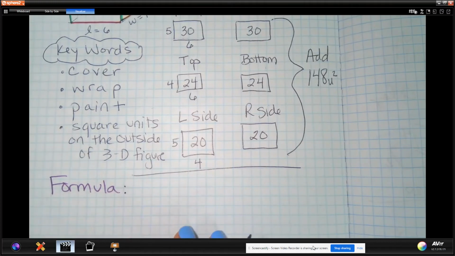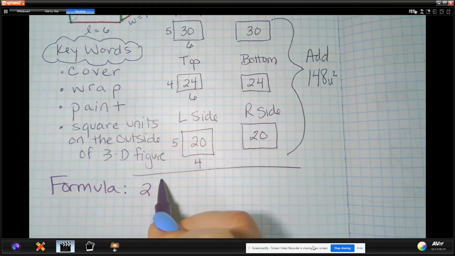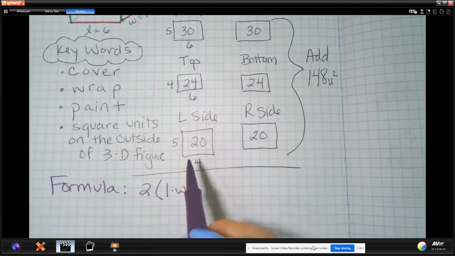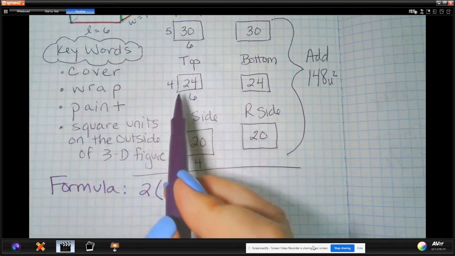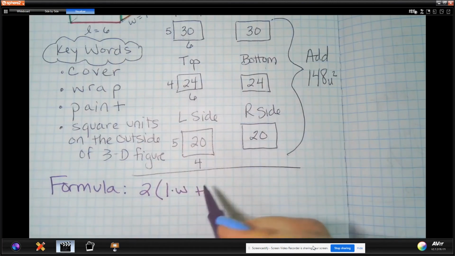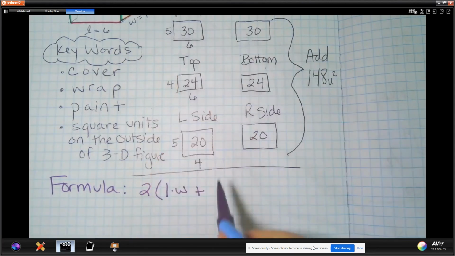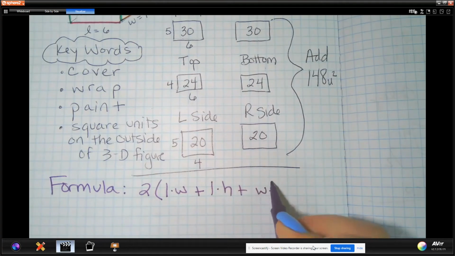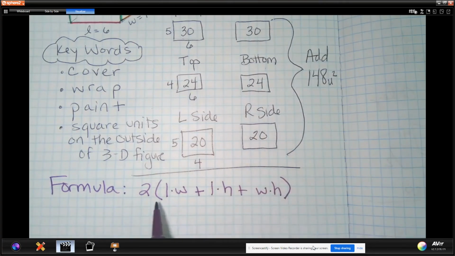And our formula is going to be 2 of the length times the width, because that's what I did here. 2 of the length times the height, and 2 of the width times the height. So I have 2 of each of those things. And if I plug in the numbers, I will get the final answer.